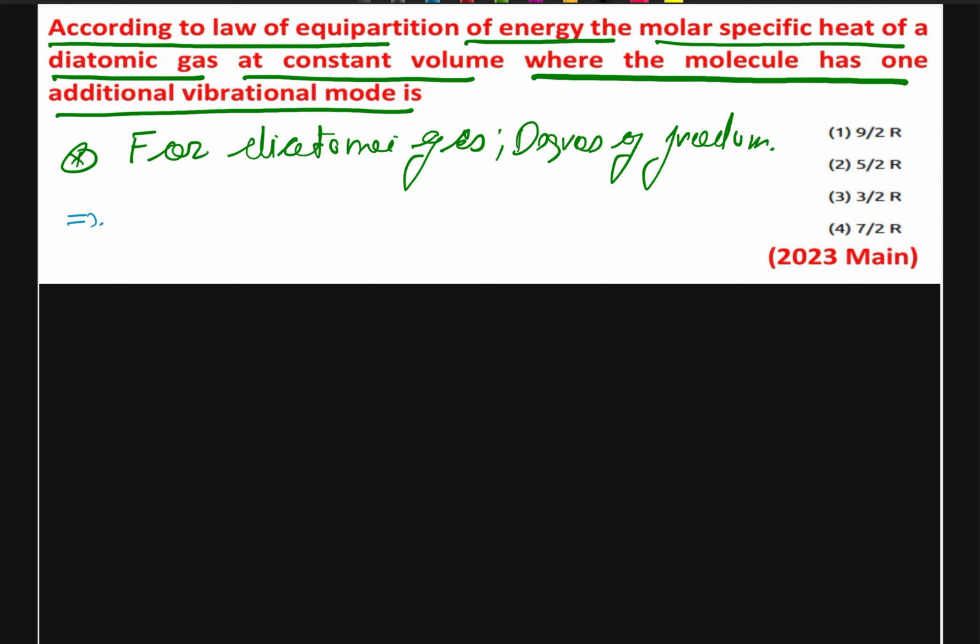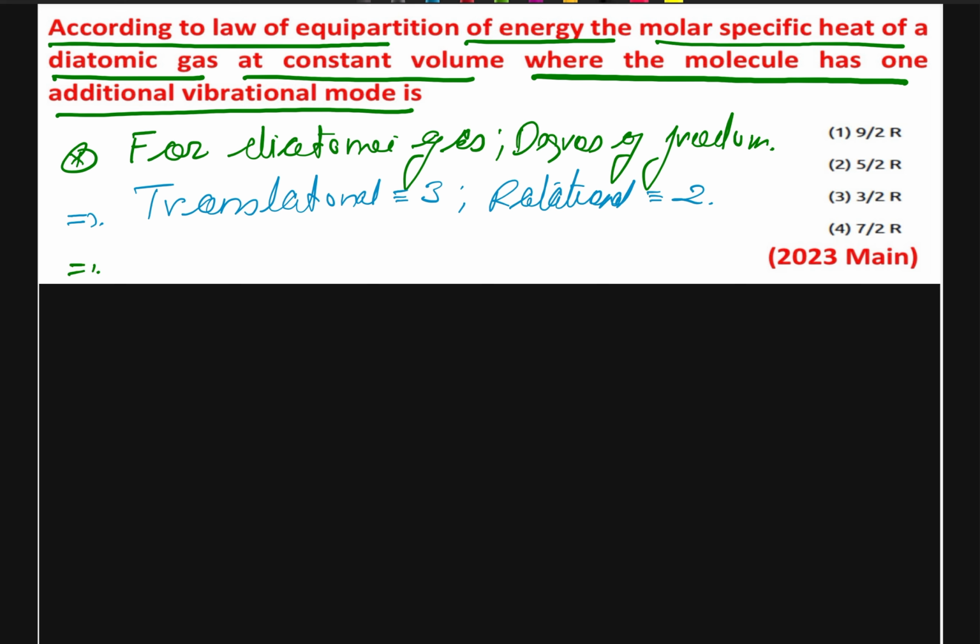First will be translational, which is 3, and then we are going to have rotational, which is 2, and then it is asking that it should have one additional vibrational mode.